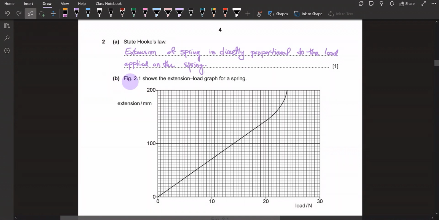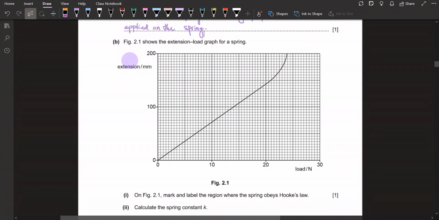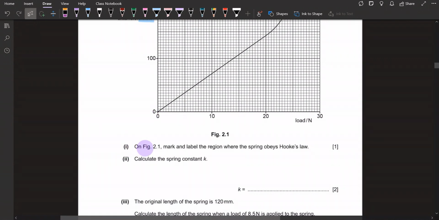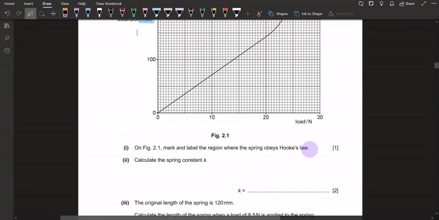Part B says figure 2.1 shows the extension-load graph of a spring. And here this is extension. Note that this is in millimeters and load is in newtons. So part 1 says on figure 2.1 mark and label the region where the spring obeys Hooke's law.